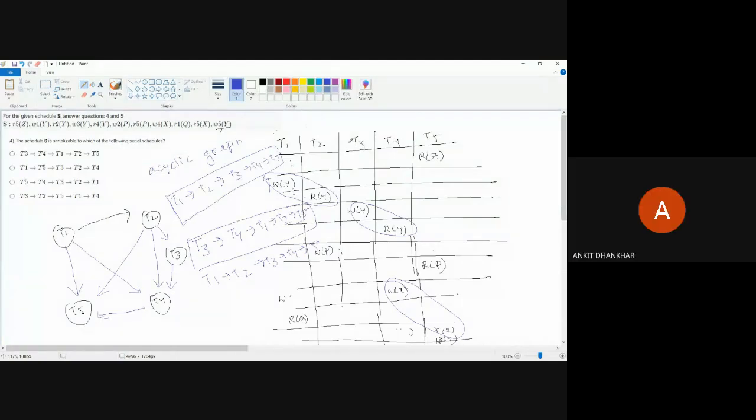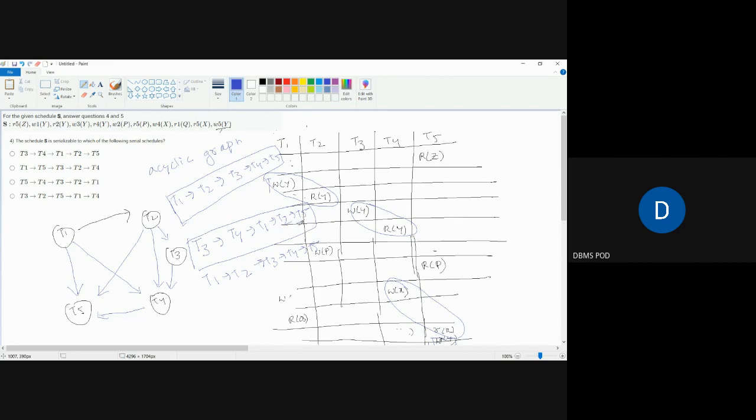So what about the third condition, the final write? In view serializability, which data item is there? The Y data item is doing the final write, right? It's T5.